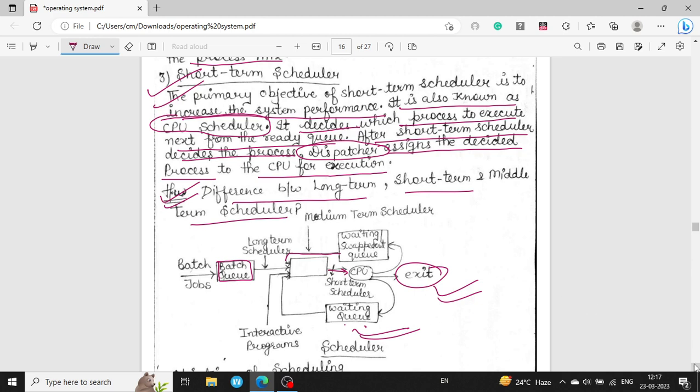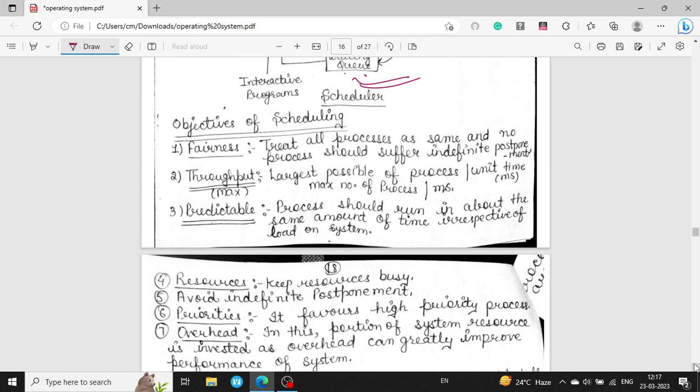Now next, what are the objectives? What are the main objectives of schedulers? First objective is fairness. It means every scheduler has to treat all processes the same, and no process should suffer indefinite postponement.